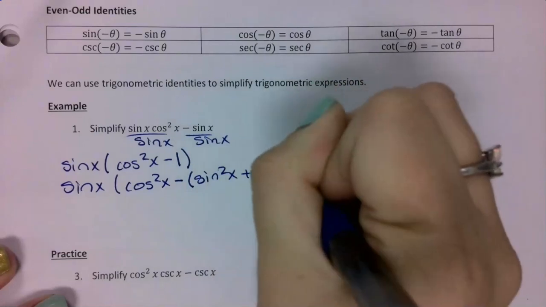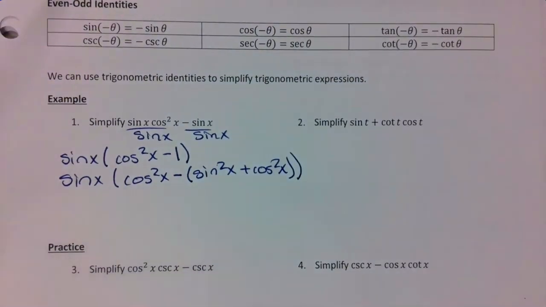And I'm putting that in parentheses, because it went in the spot where the 1 is, so I need the negative to distribute to both of those terms.